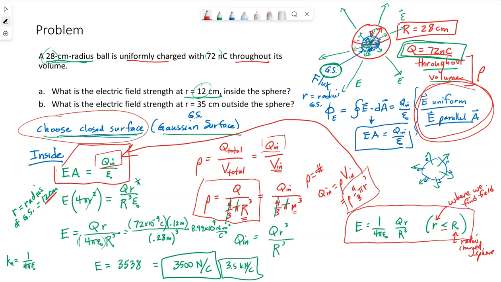We just draw another sphere. That's the closed surface we choose. And we talk about flux through that closed surface. So part B, we're asked to find the electric field at a distance of 35 centimeters. So a point outside of this charged sphere.